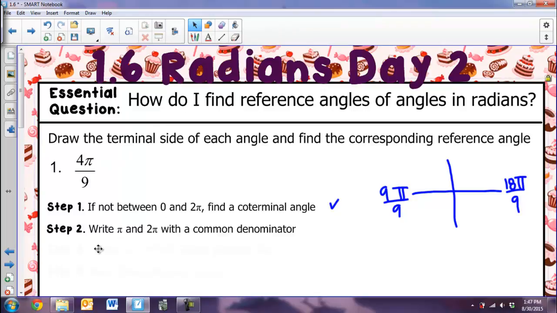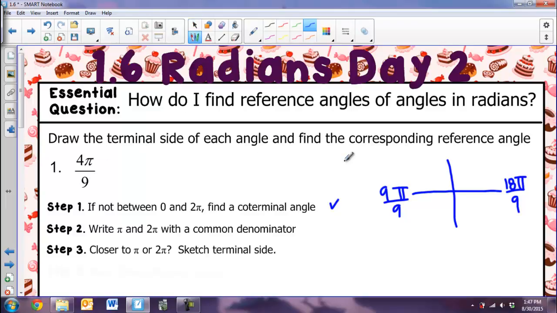My next step is to ask yourself, would this angle be closer to pi or 2 pi, and then sketch the terminal side. It's what we did at the end of Monday, Tuesday's video for radians day 1. When I look at this angle, it's definitely closer to regular pi. It's closer to 9 pi over 9 as opposed to 18 pi over 9.